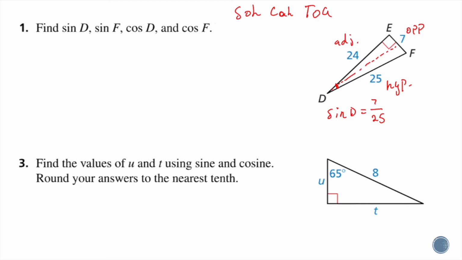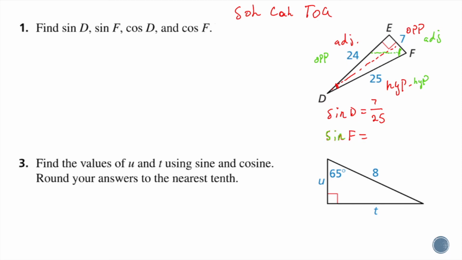And sine of F is a bit different. The opposite side is 24. The adjacent side is now the 7. And this is still my hypotenuse.